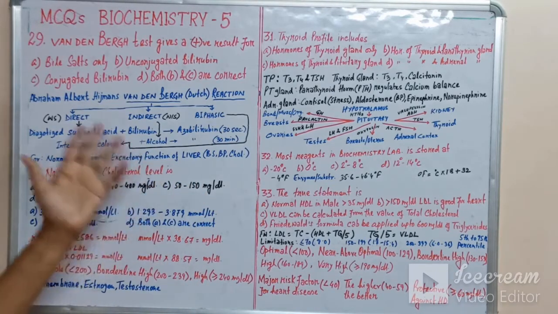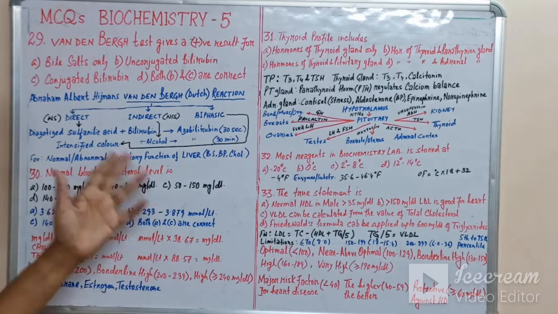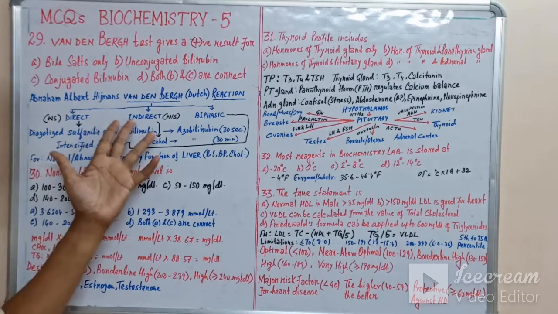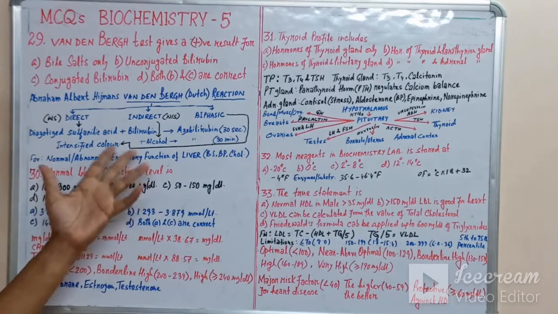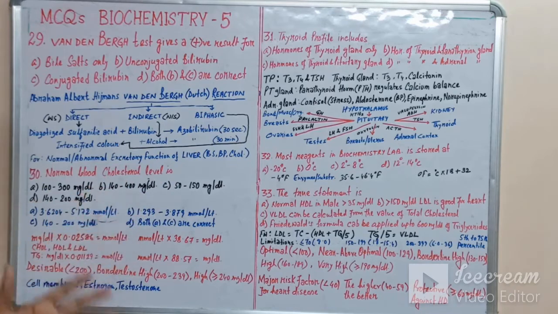Immediately a purple color azobilirubin compound is formed, and after that you add alcohol, and after 30 minutes the purple color will be intensified, because both indirect and direct bilirubin are there. When the indirect bilirubin comes into the reaction, the purple color becomes more intensified.